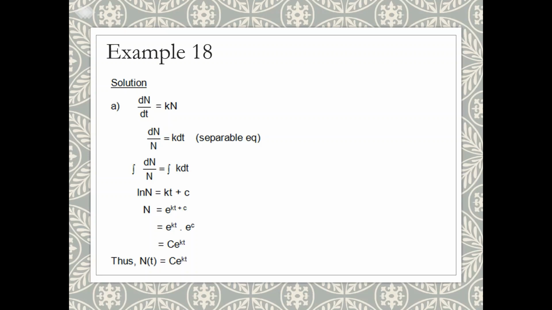By using the power rule, the right side can be represented as e to the power of kt multiplied with e to the power of c. As e to the power of c is a constant, we can represent this using another symbol, for example, capital C. You can also use other symbols, for example, A, and so on. Therefore, the formula for the growth and decay problem is given by N(t) equal to C e to the power of kt.